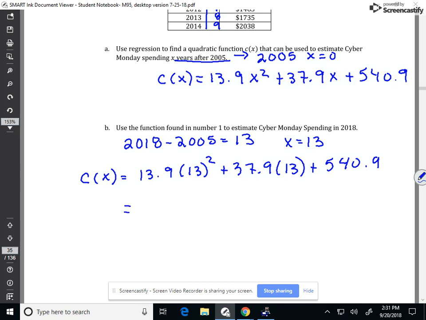Now, if I plug all this into my calculator and calculate it out, I get a value of 3,382 million dollars. That is what's predicted based upon my model to be spent on Cyber Monday in the year 2018.